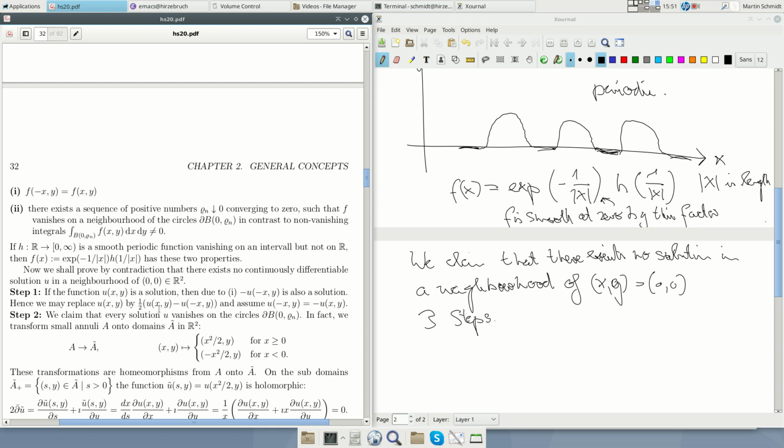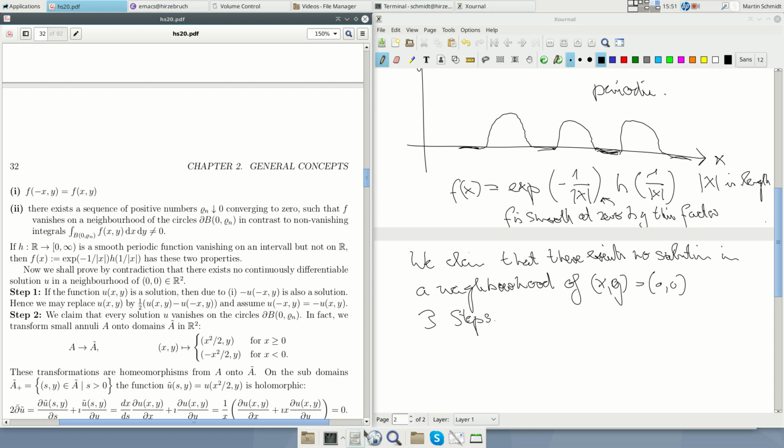And this expression, of course, now has this symmetry. So this means whenever we have a solution, we obtain a solution with this symmetry. So now it's enough to show that there does not exist a solution with this symmetry, because from step 1 we see that whenever we have a solution, there exists a solution with this symmetry.